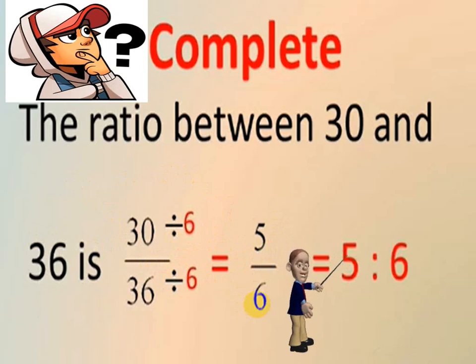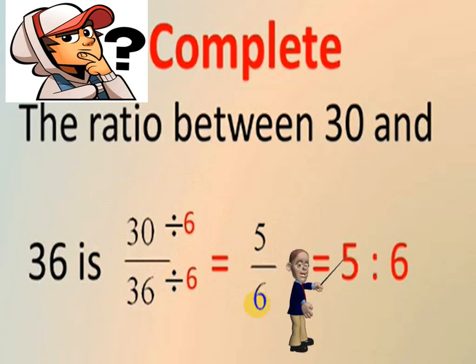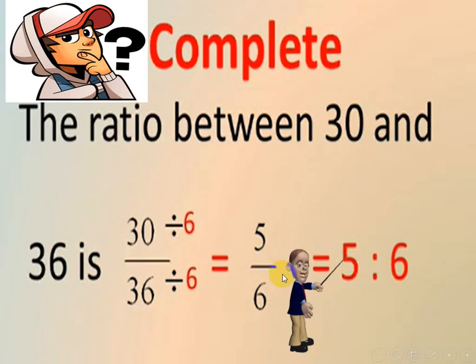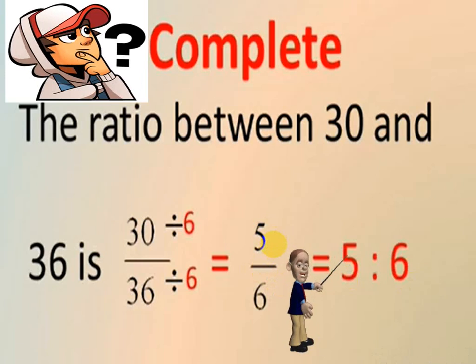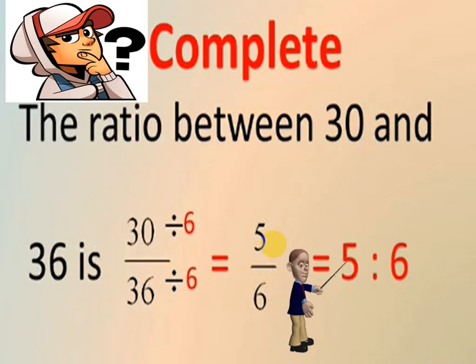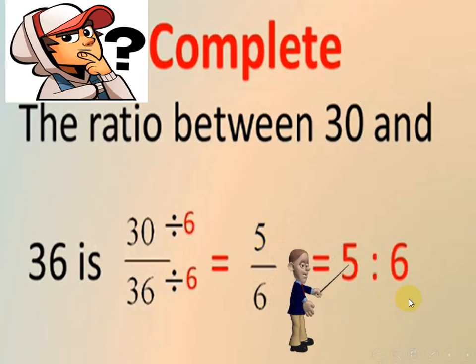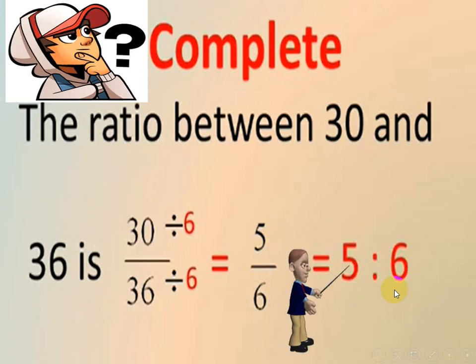Yes, very good, equals 6. 5 over 6 is in the simplest form because there is no common factor. We can write it as a ratio, 5 to 6. 5 over 6 means 5 to 6.